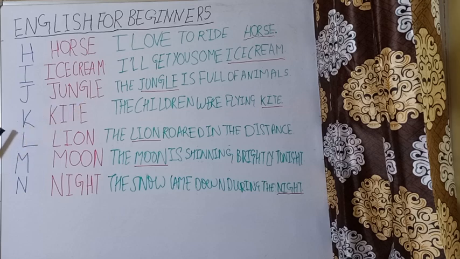K. K for kite. Kite is spelled as K I T E. Let's see how the word kite can be used in a sentence.